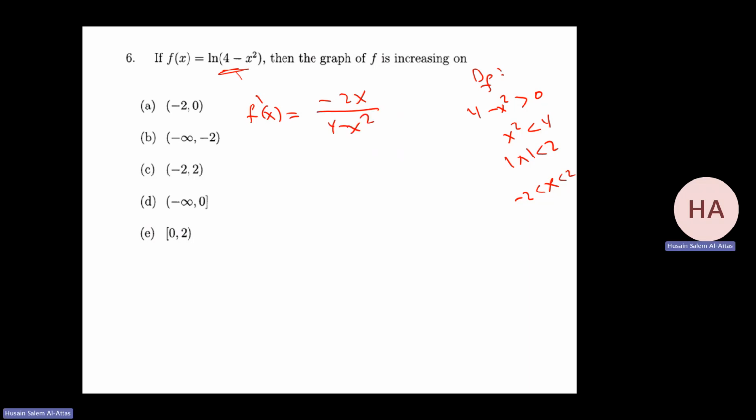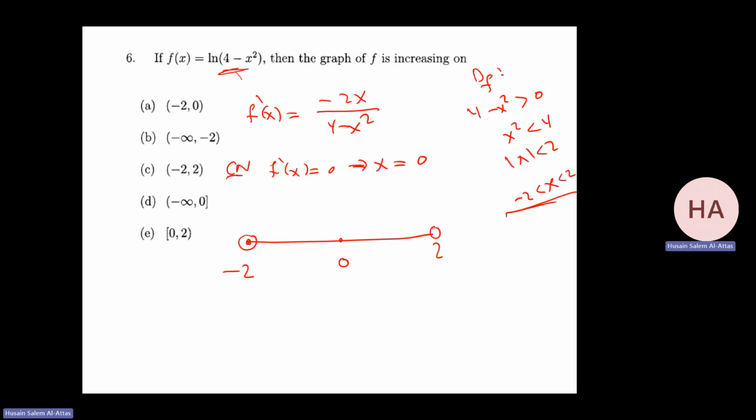Yeah. I need to find the critical numbers. Yeah, or this one I can rewrite it, minus, yeah, I can leave it as this. Yeah, critical number, f prime equals 0. I'm getting x equals 0. So the number line I have, this is my domain. And the 0 is there. Yeah, the domain is minus 2 to 2. So this is what I will use in the real line.